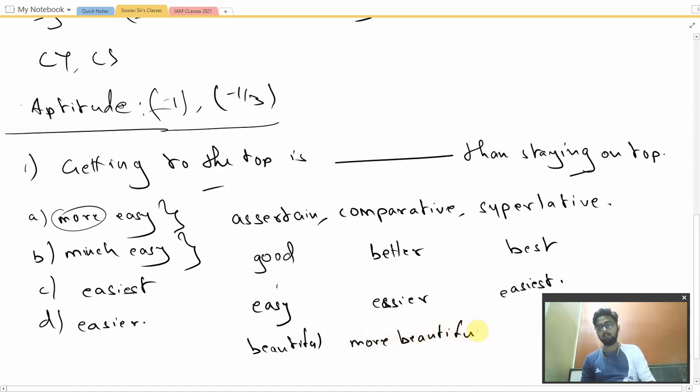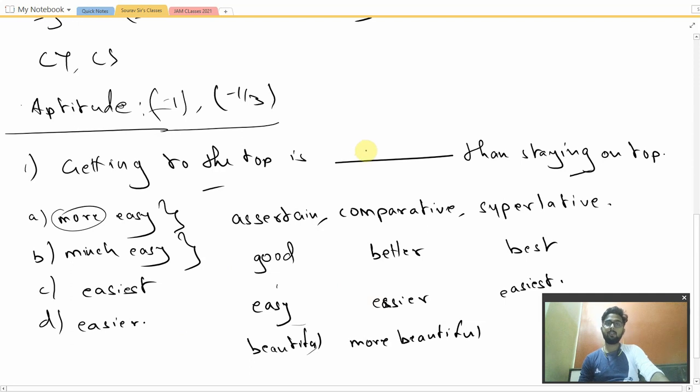But easy has the comparative term easier, so more easier and much easy won't make sense here.